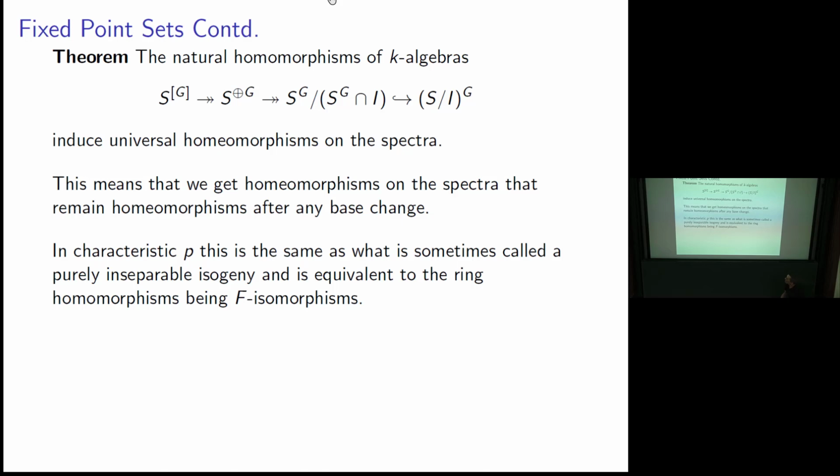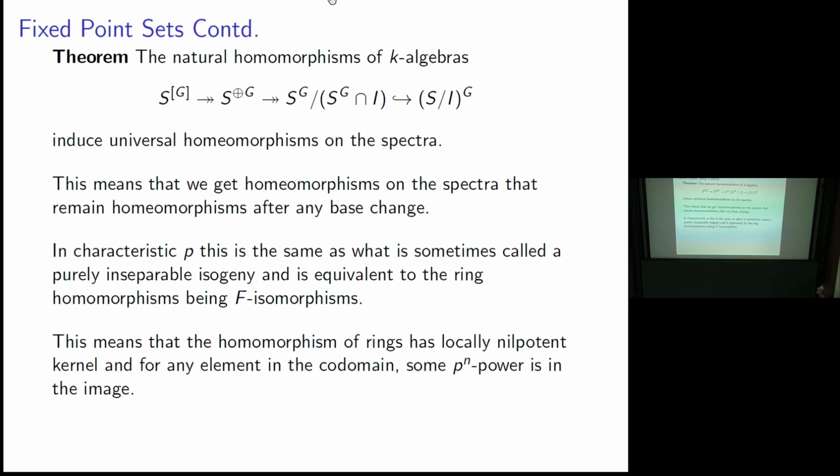I call it a universal homeomorphism because that's what's in the Stacks project, and I just copy what they say. But it's actually quite interesting. In characteristic p, for Noetherian rings, this is equivalent to the following.